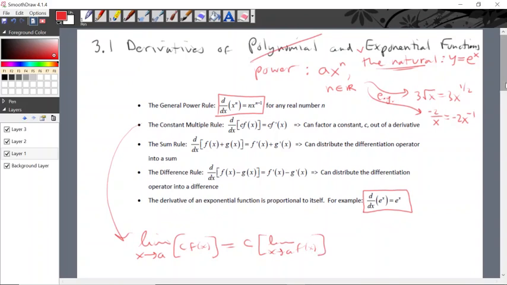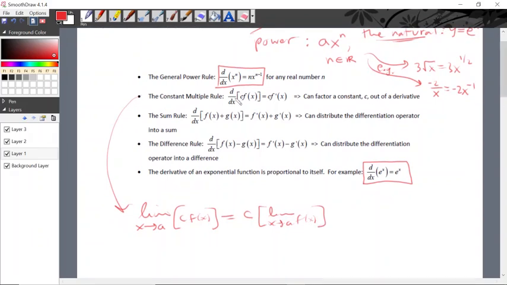Remember that, of course, when we're taking the derivative, we are really applying a limit, right? So, for instance, if we were to apply the limit, let's say, as x goes to a of the difference quotient here, that would be c f of x minus c f of a over x minus a. Now that would be a derivative right there, right?